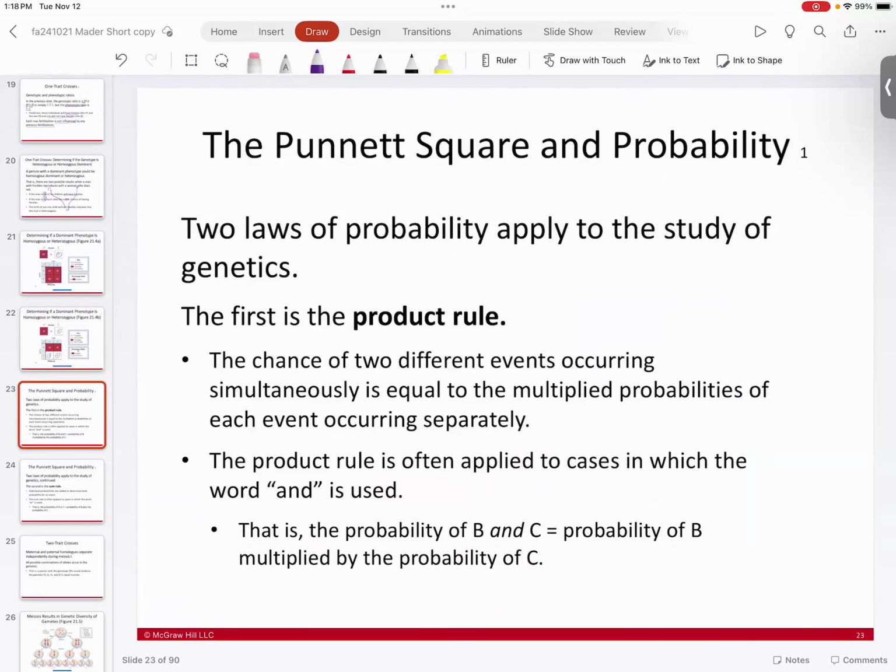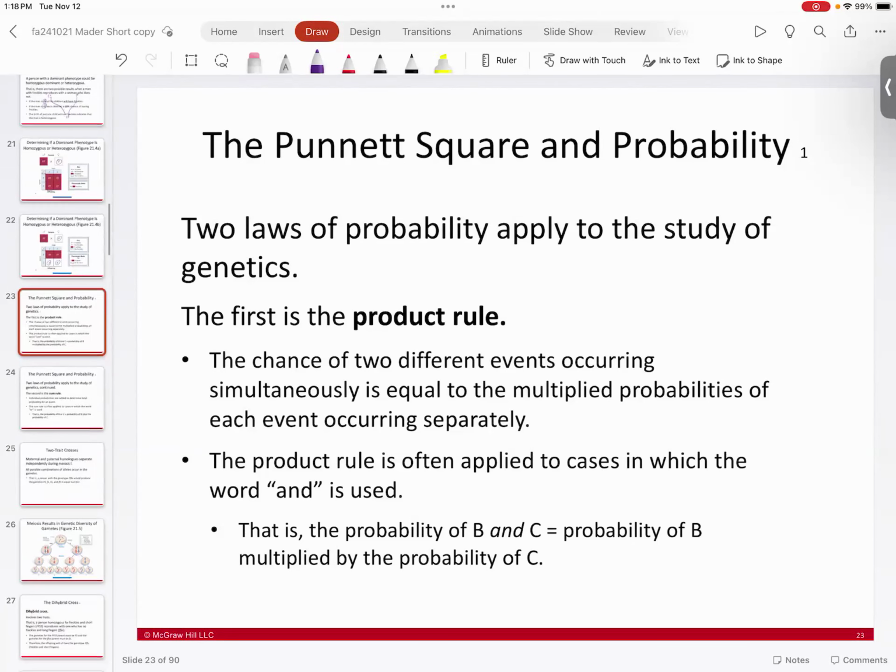So ultimately, when you take a look at the Punnett square, it can also help you to determine a little bit about these probabilities as you study genetics. And so typically when you're talking about random statistics, you also have to talk about some of the statistical rules. For instance, we have some rules of probability that are at play here in genetics. One is what's called the product rule, the rule of multiplication.